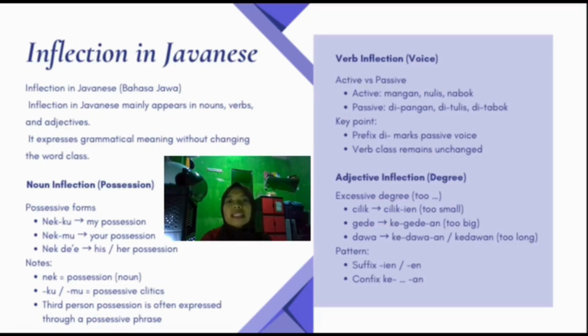Or by using the confix ke- and -an, such as kegedean for too big and kedawaan for too long.